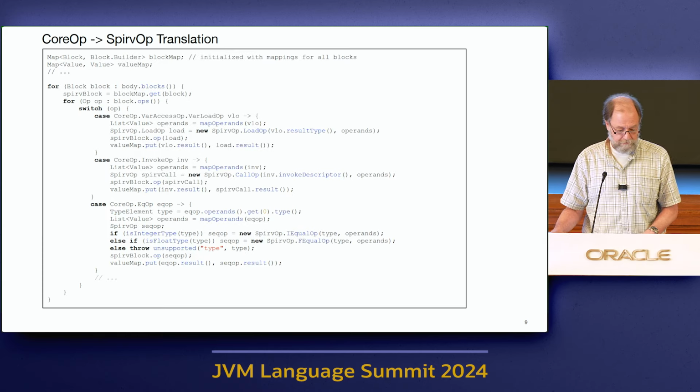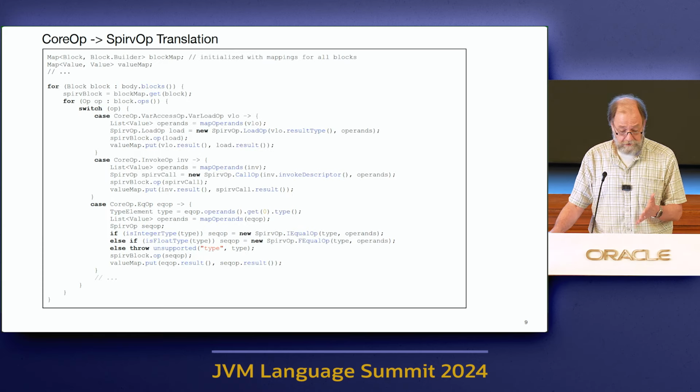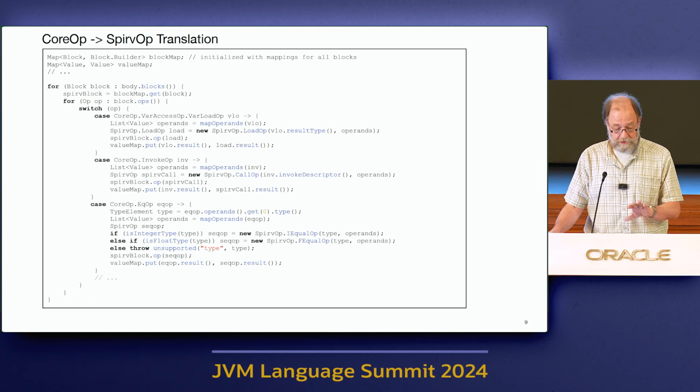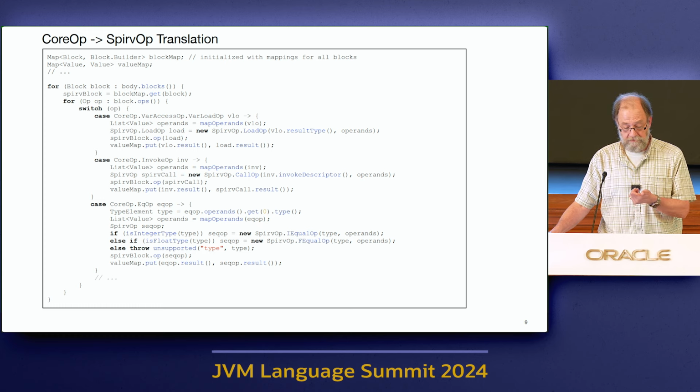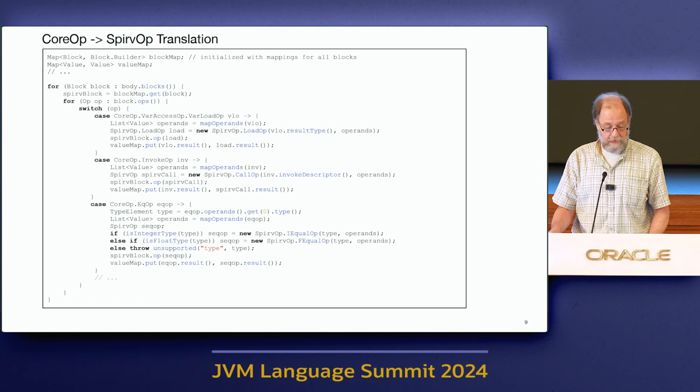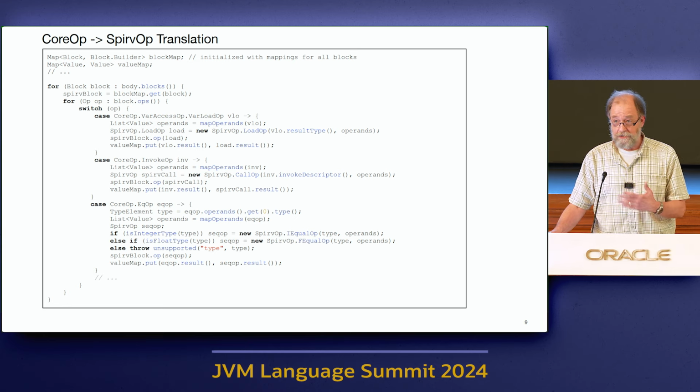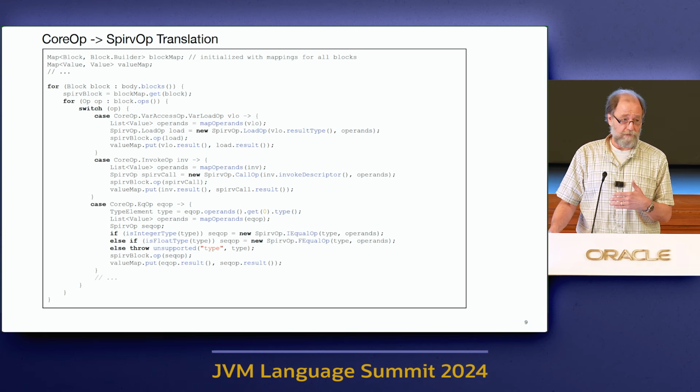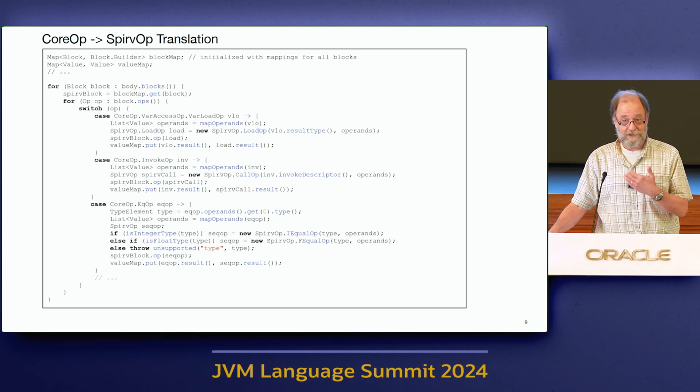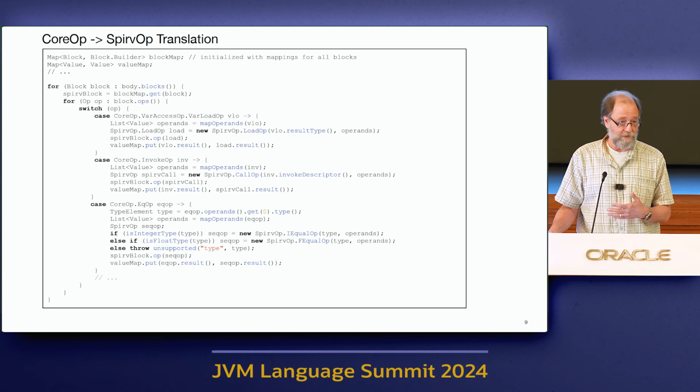So here's a snippet of that main translation loop. I'm showing the declarations for these 2 bookkeeping maps, mapping a block to a block builder and input value to output value. By the way, I started this before I really understood some of the utility APIs that are also in code reflection.